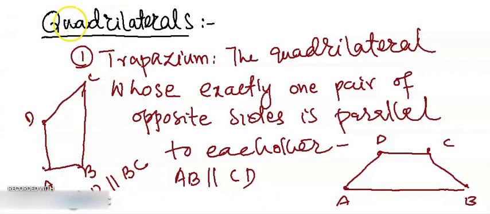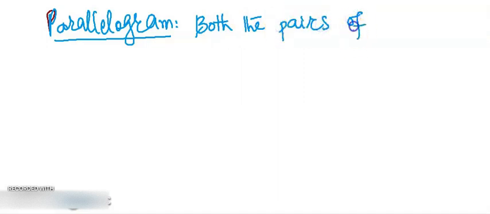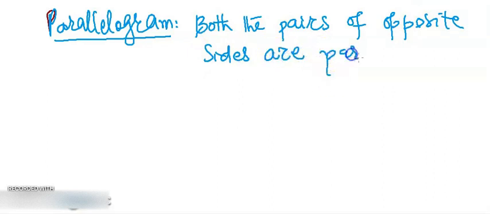Now let's define another quadrilateral, that is the parallelogram. In a trapezium, one pair is parallel to each other, but in a parallelogram, both pairs of opposite sides are parallel to each other.